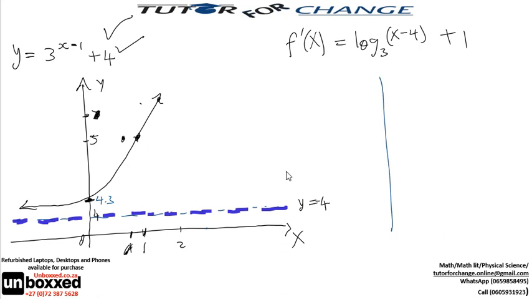So we are going to have a sketch here, and we are going to say the asymptote is 4. So we are going to have our asymptote here as the asymptote on the x values, and the asymptote is 4. So x equals 4.